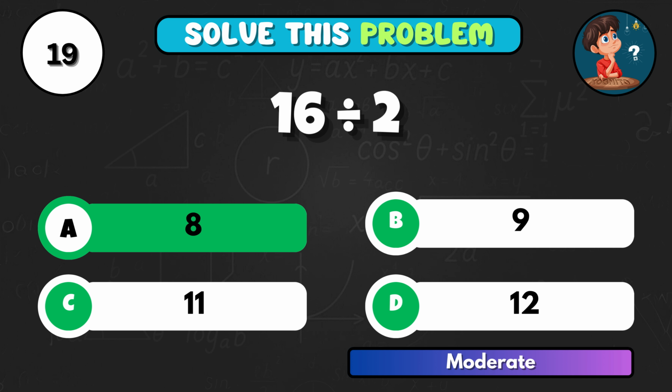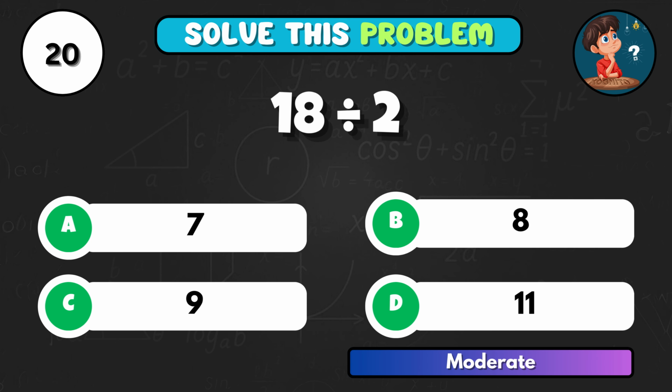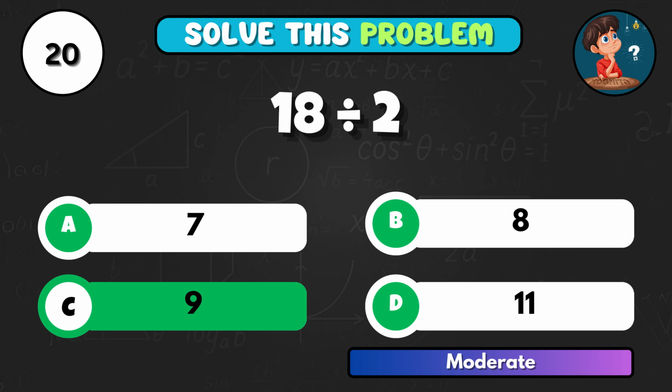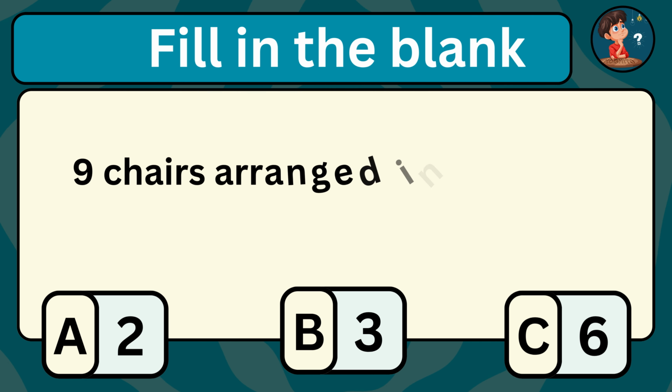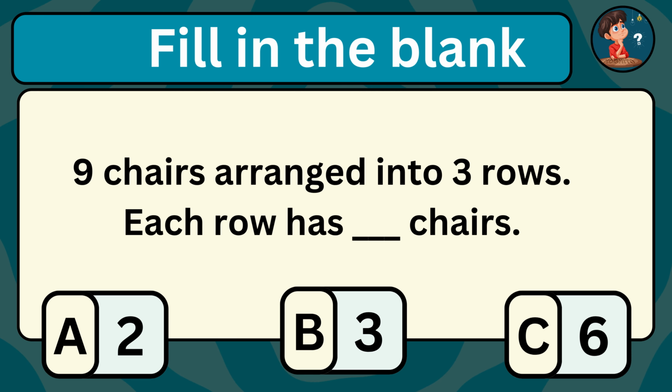The answer is A, 8. 18 divided by 2 equals? That's C, 9. Fill in the blank. 9 chairs are arranged into 3 rows. How many chairs does each row have?